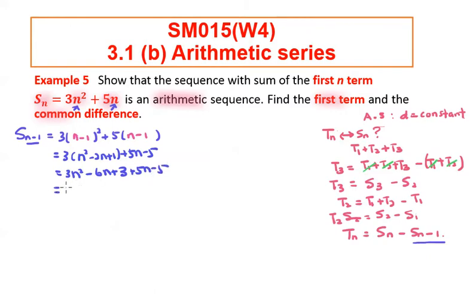We have 3n squared, minus 6n plus 5n is minus n, and 3 minus 5 is negative 2. This is Sn minus 1.